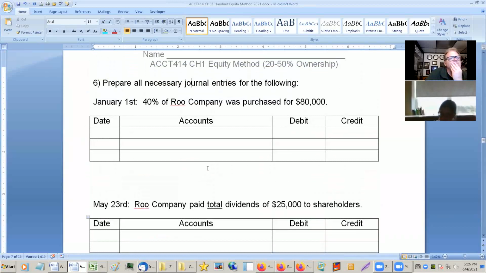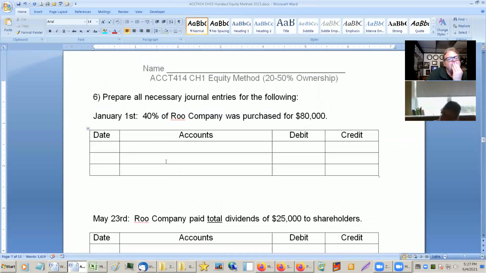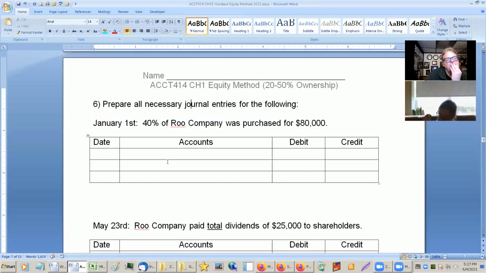Let's see. Okay, so 40% of Rue Company was purchased for 80,000. So that would be January 1st. 40% of 80,000 would be. Okay, now I think the way this is written is that the 40% cost 80,000. Oh, okay, I got you. Sorry. Yes.